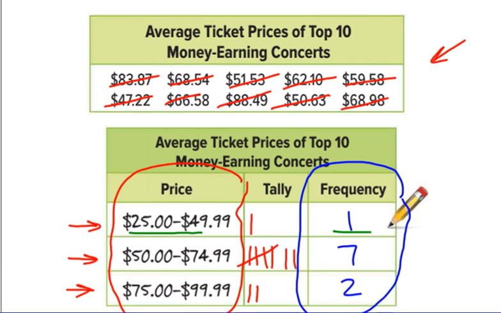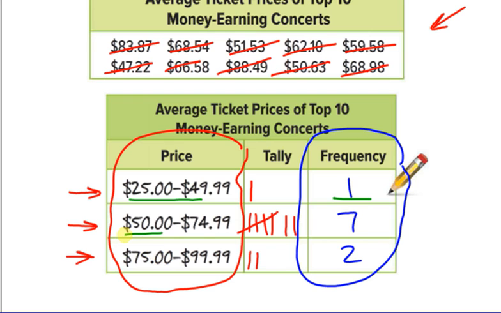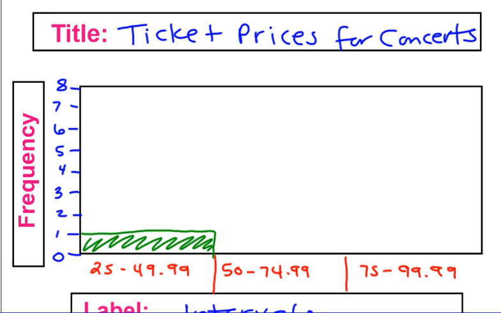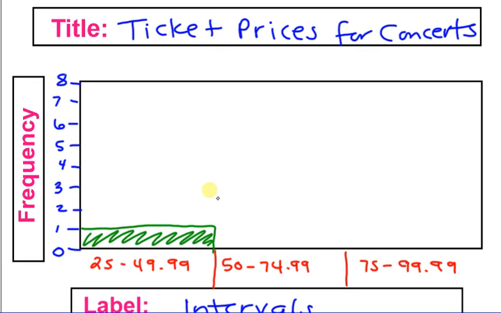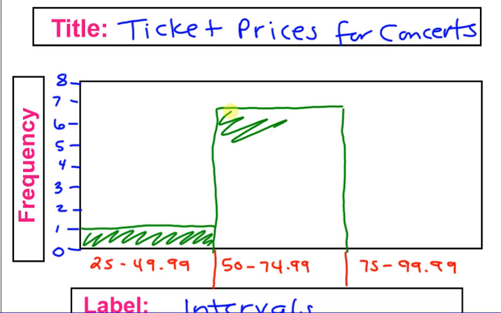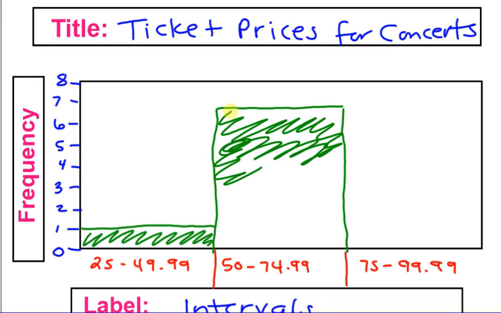So the next interval, $50 to $74.99, has a frequency of 7. And so I'm going to start here and I'm going to go all the way up to 7, right about there. And then I'm going to come all the way down. And again, you don't have to feel obligated to color in your bars. I'm just going to give it some color.